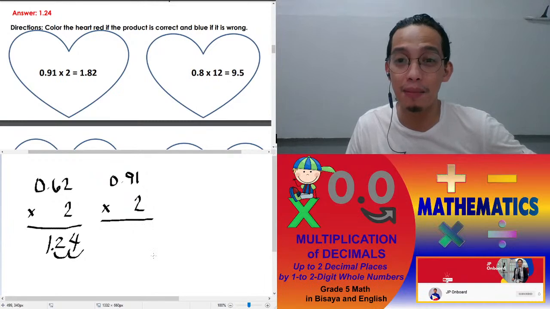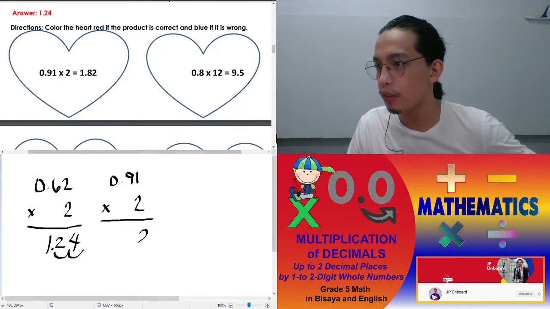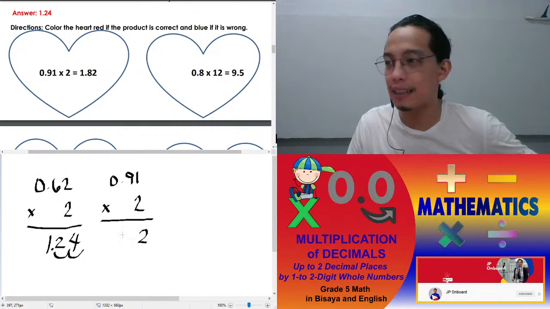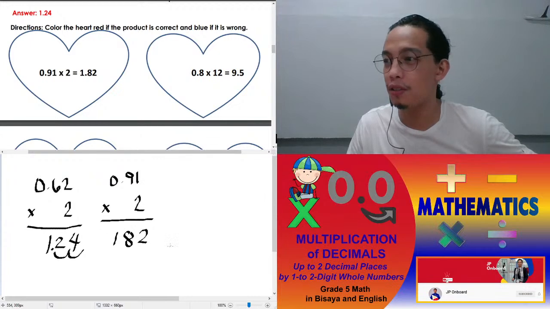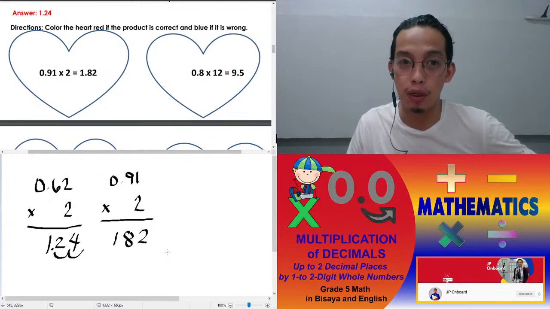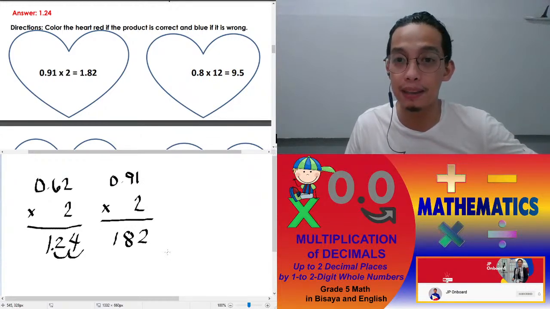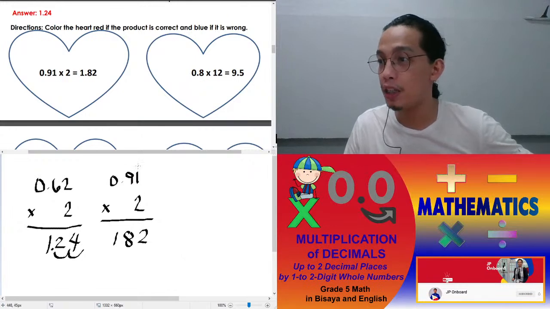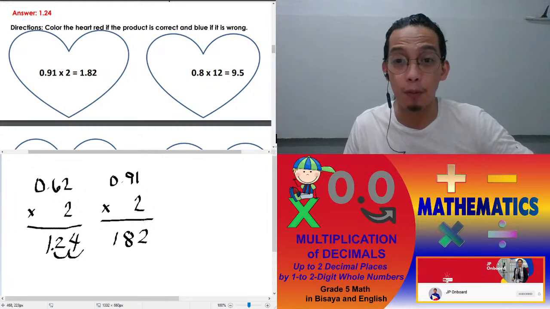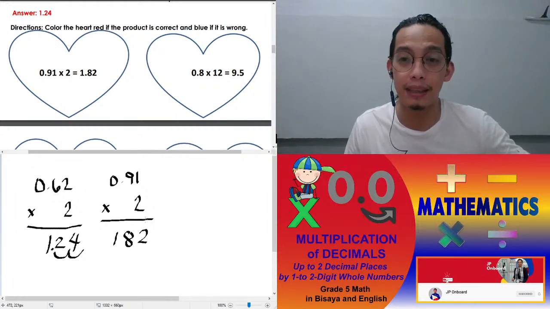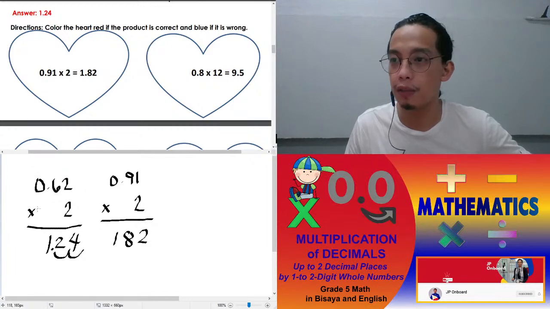So multiply them as whole numbers. First is 2 times 1 is 2. 2 times 9 is 18. And 2 times 0 is 0, so we have 182. But we will count the number of decimal places. We have 1, 2 from 0.91, natay 2. And from 2, wala. We don't have a decimal place sa 2. So, sakto ba ang term, decimal place?